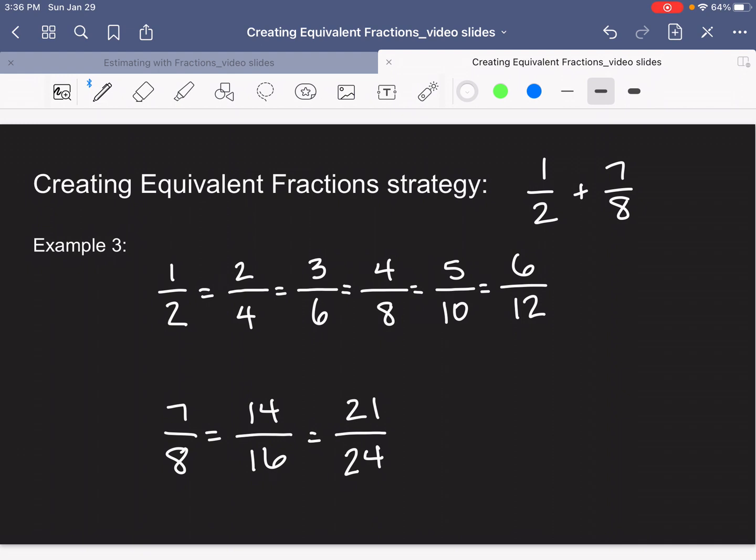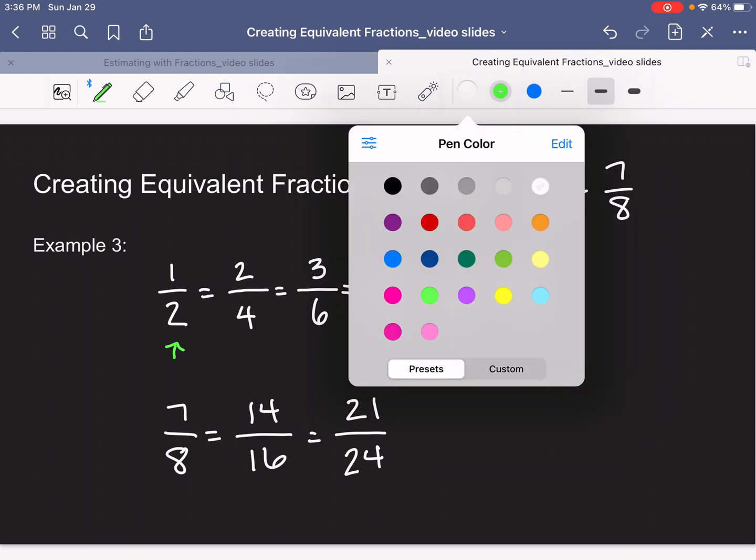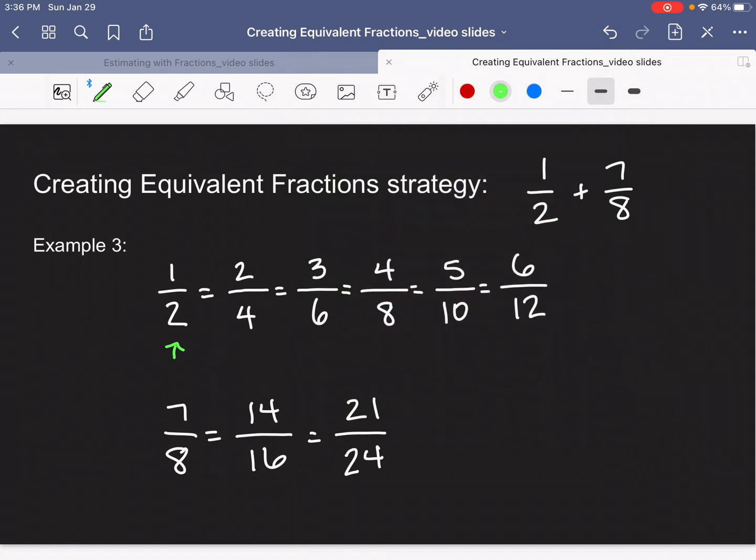So if I look, I'll start with the 2 here, and I notice I don't have anything in the list below that has 2 as the denominator. I don't have anything that is 4, so those 2 are eliminated so far.